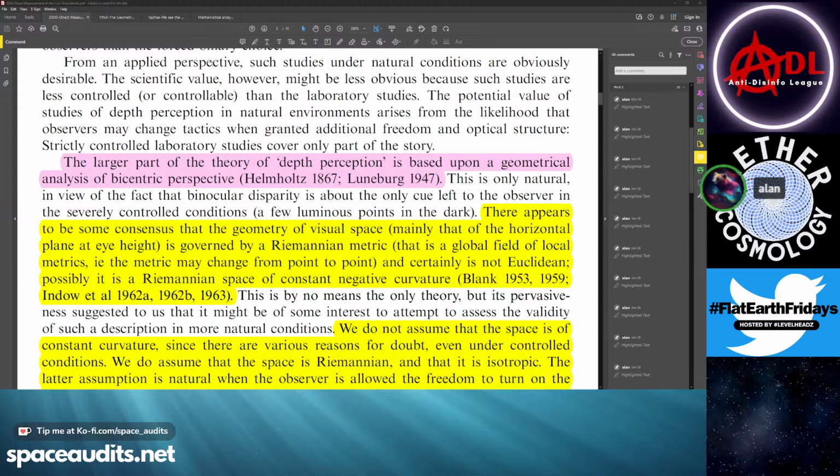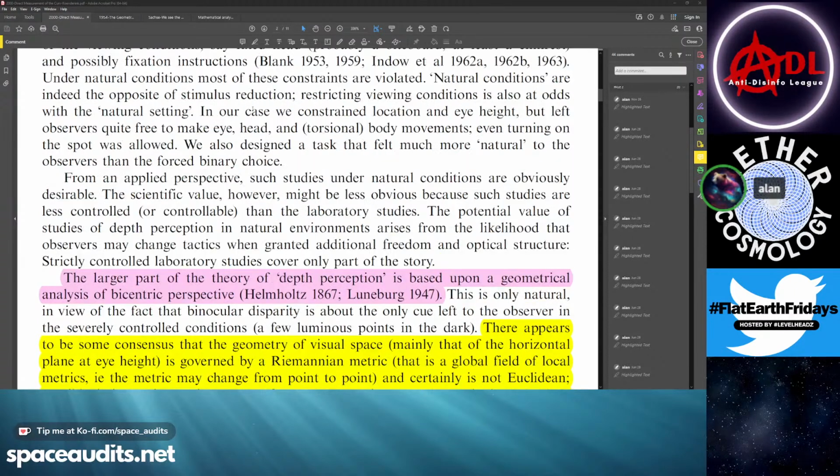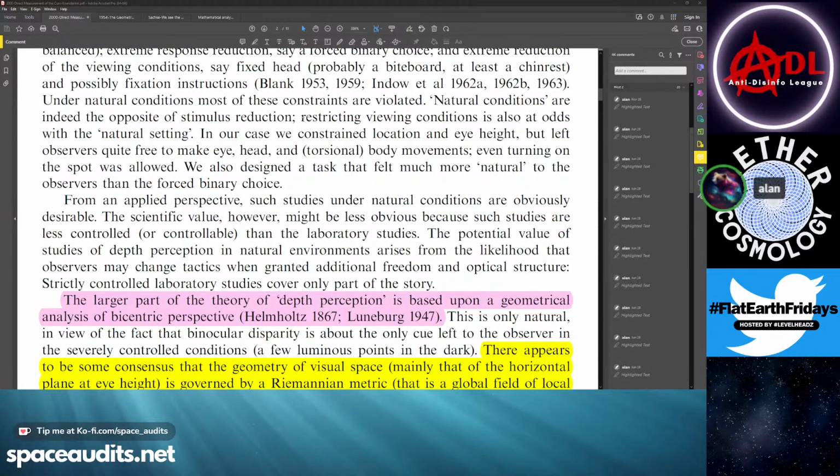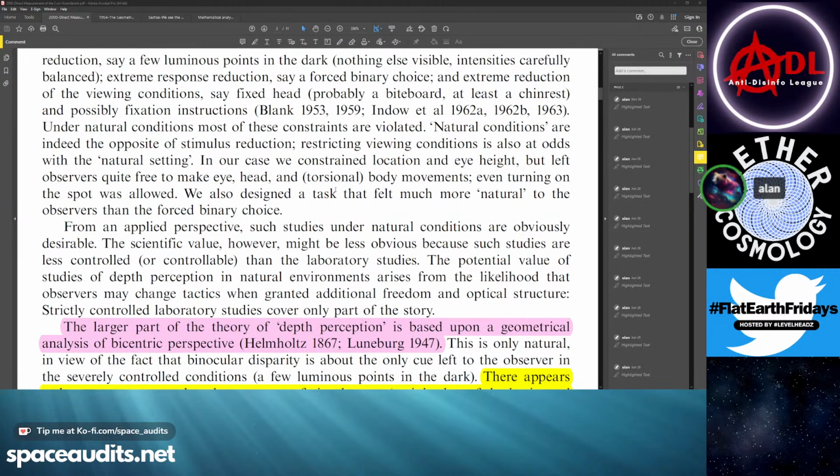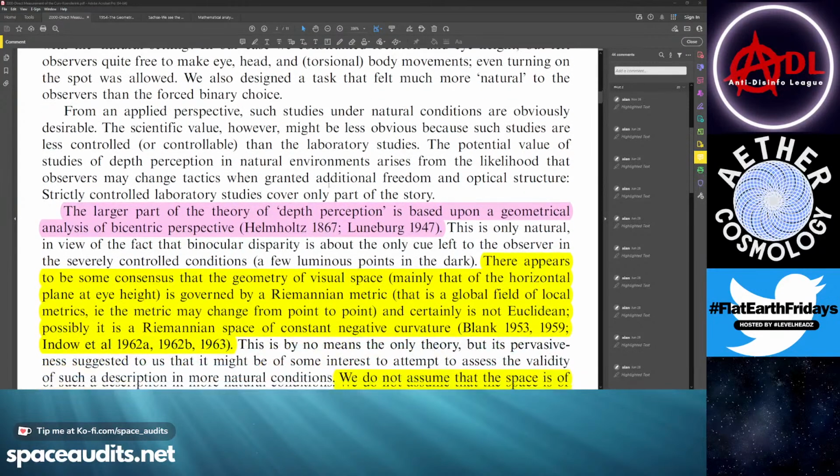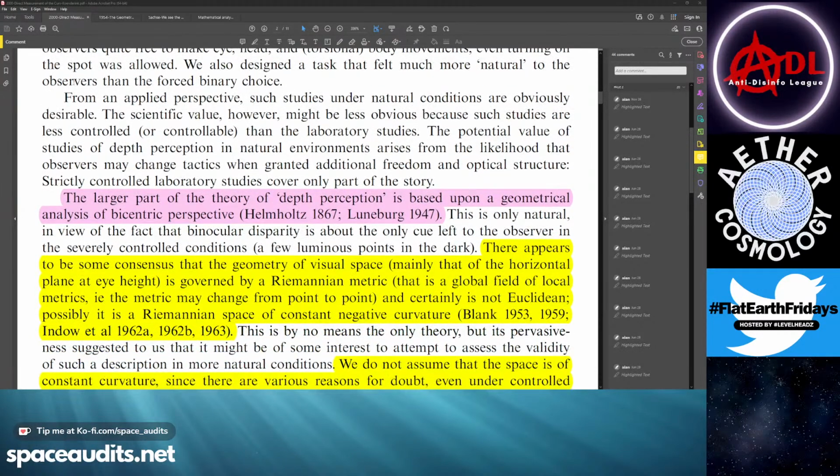From the applied perspective, these guys really did their due diligence and looked at the history of alley experiments and the critiques of them, and now they're applying that knowledge in their experiment. Very cool. So from an applied perspective, such studies under natural conditions are obviously desirable.